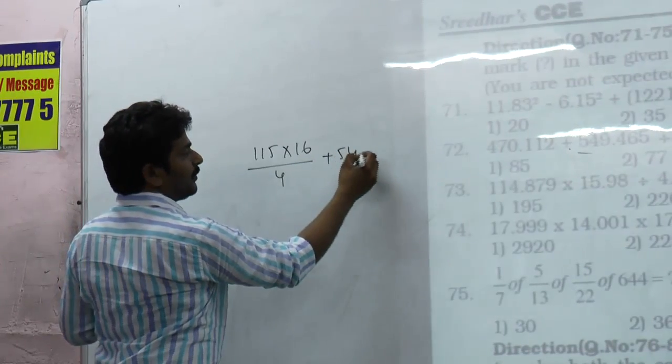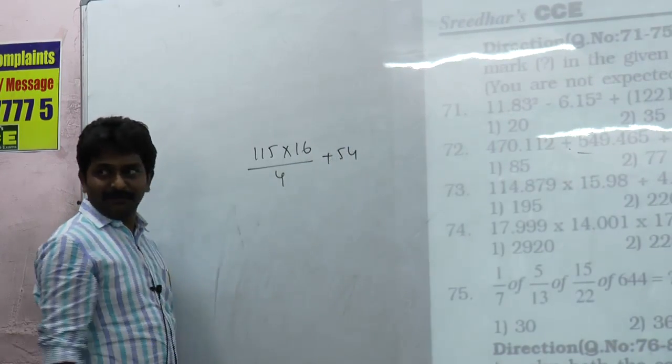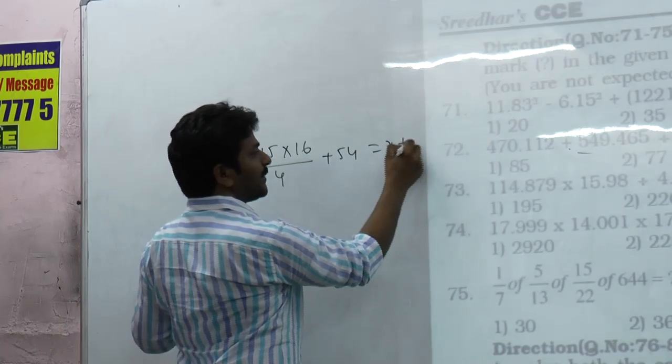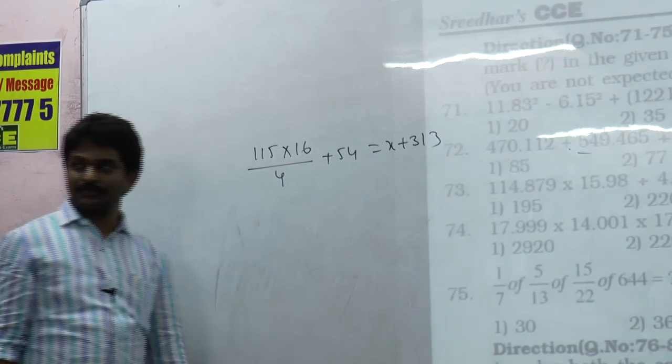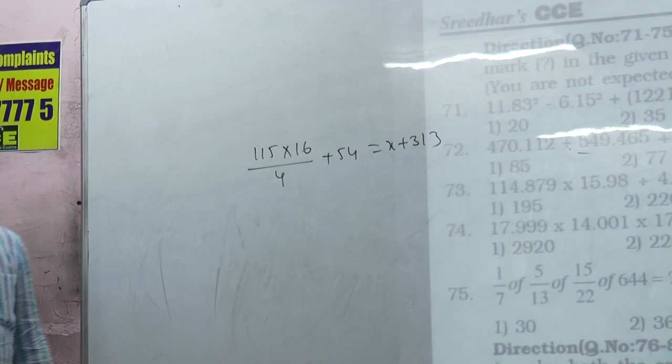Right, let me write this number 115 into 16 divided by 4 plus 54.33, let me write 53, is equal to x plus 313. X plus only, right?